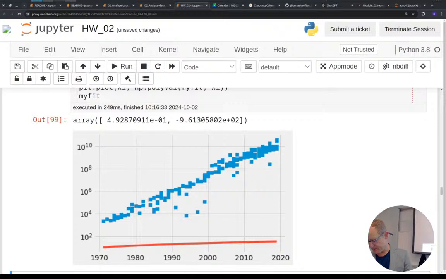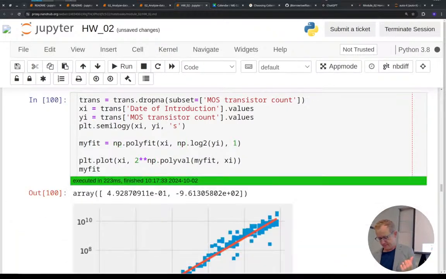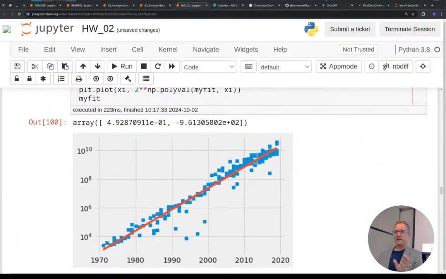So the last step is I want to say not just polyval, not just taking that function and plugging it back in, but I want to take whatever log scale I use, whether this is log and this is exponent, or log 10 and 10 to that, whatever log scale I took it into, I want to get it out of log scale. So that now on this semi-log y, it is a straight line because I took the log, did a fit, then took the power to bring it back.